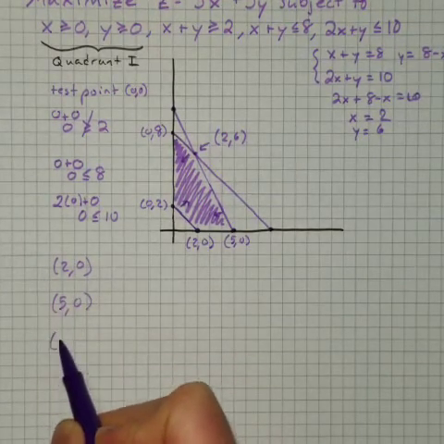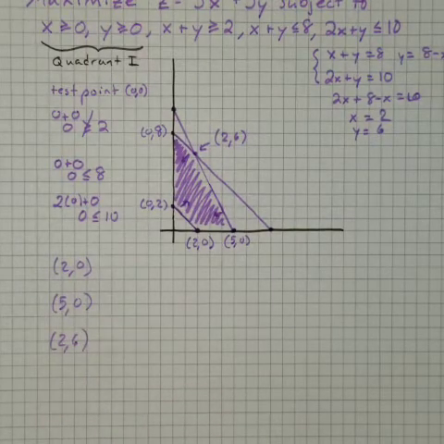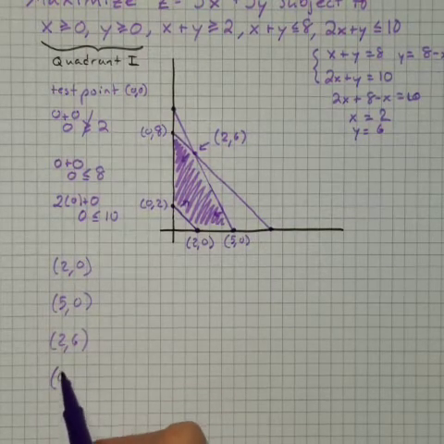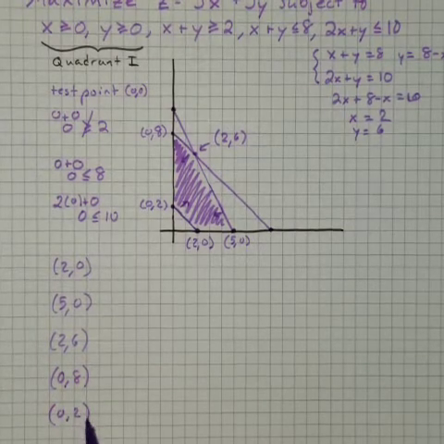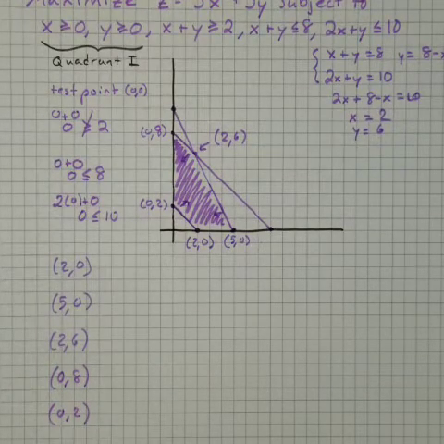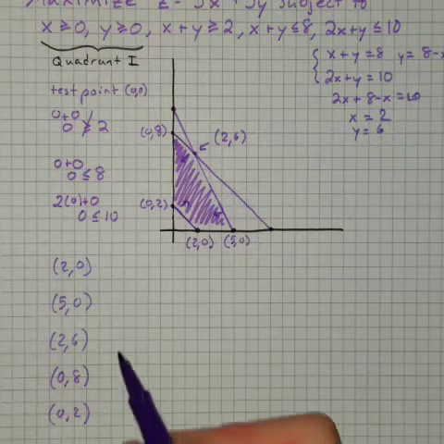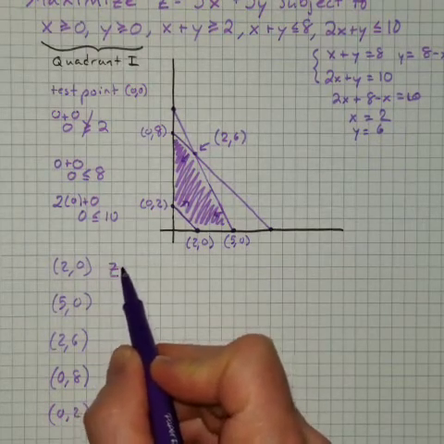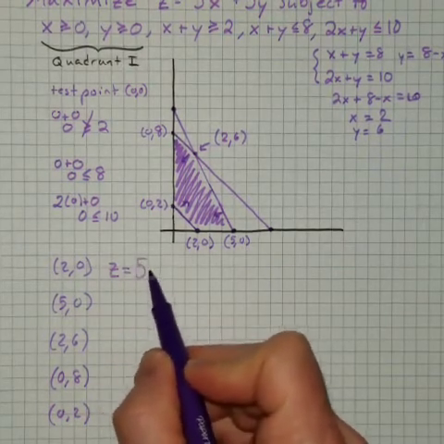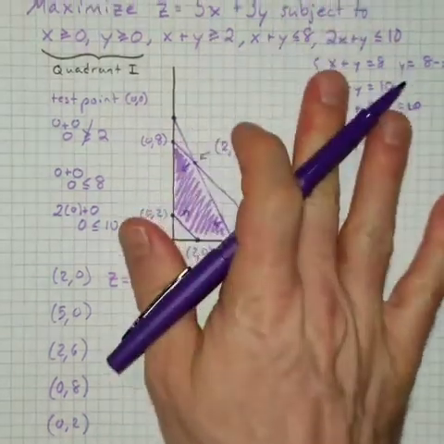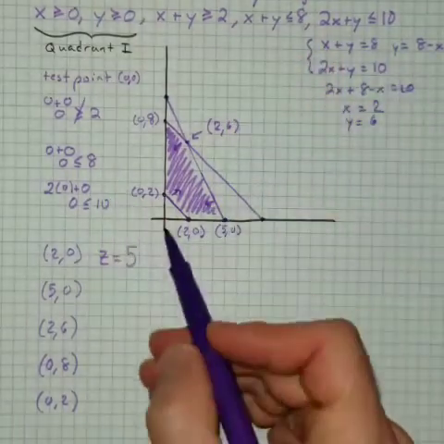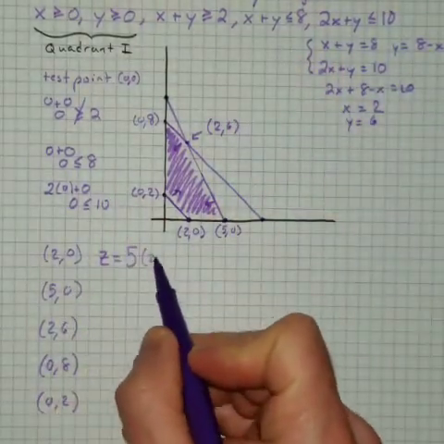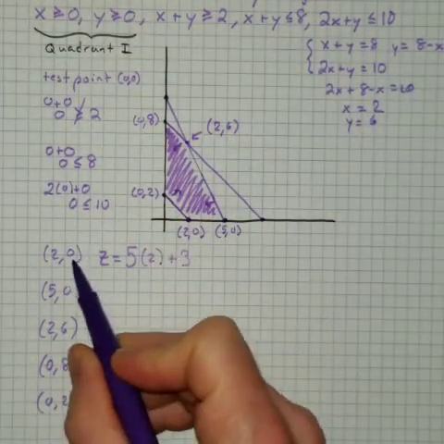We'll do 2, 6. We'll do 0, 8. And we'll do 0, 2. So those are all 5 of my corners. Alright, so z must equal 5x plus 3y. So I want 5 times the x value plus 3 times the y value.